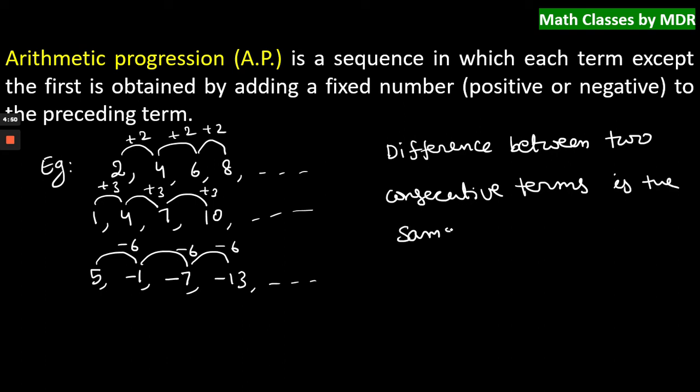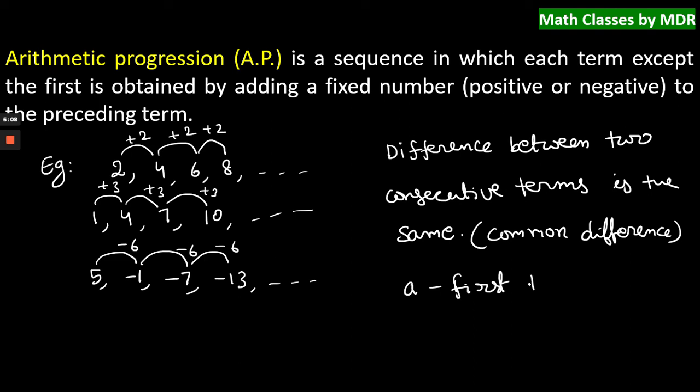This difference is known as the common difference, and it is denoted by D. Generally we represent the first term with A, and D is known as the common difference. So this is the general definition of an arithmetic progression.